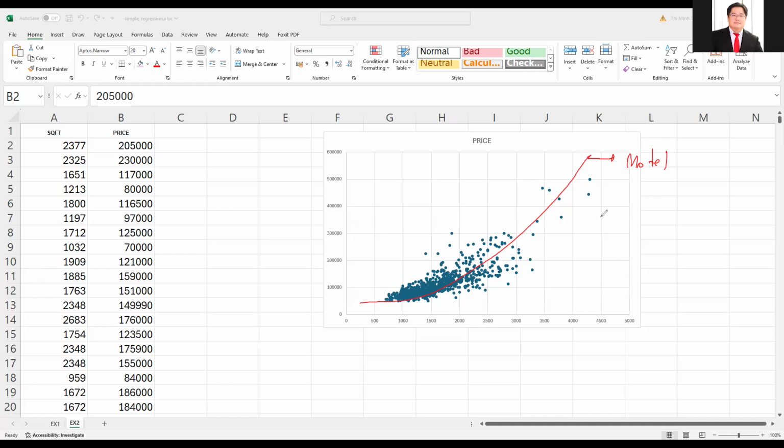So first, you may want to make price equal beta 1 plus beta 2 square feet square.